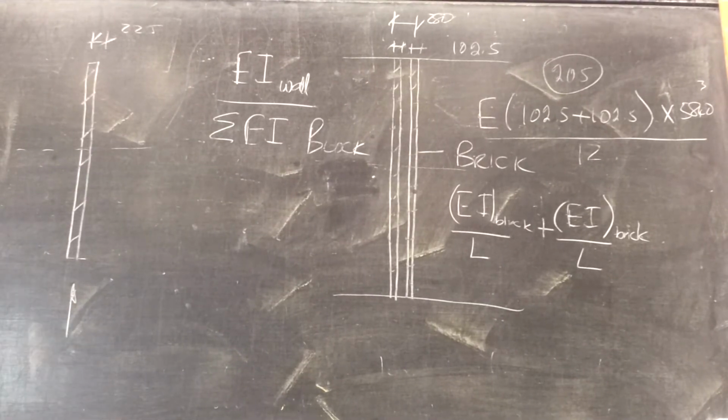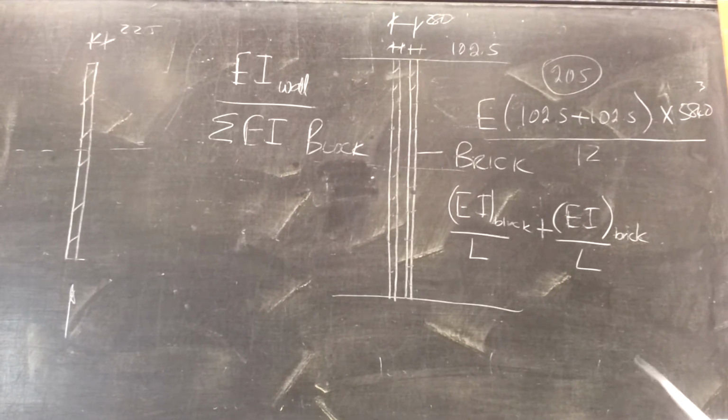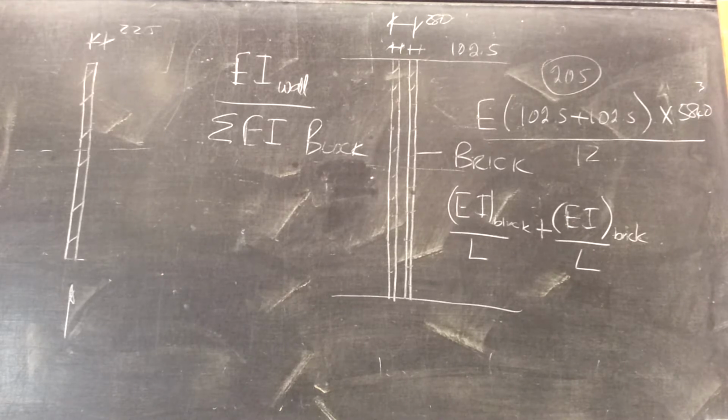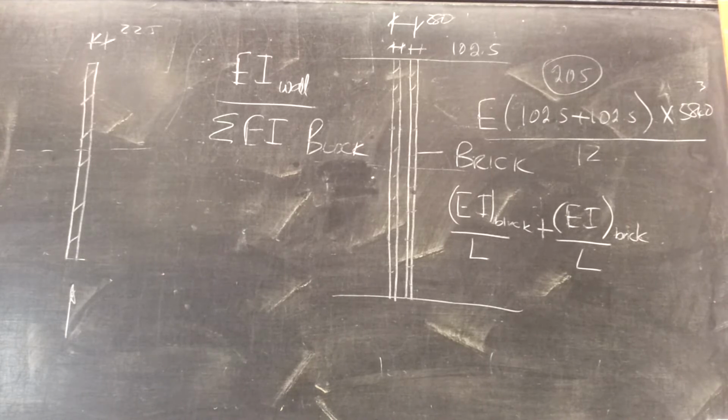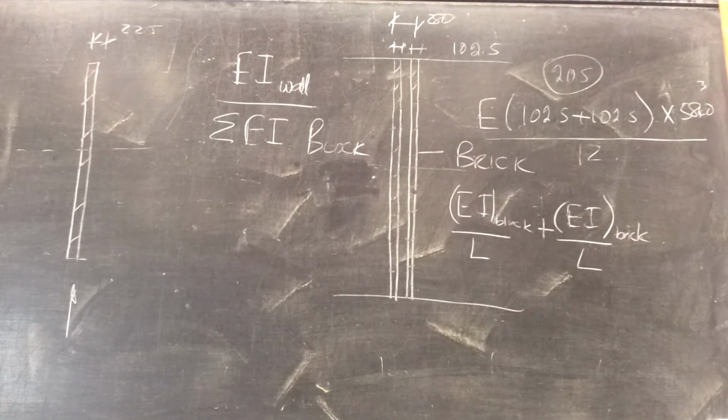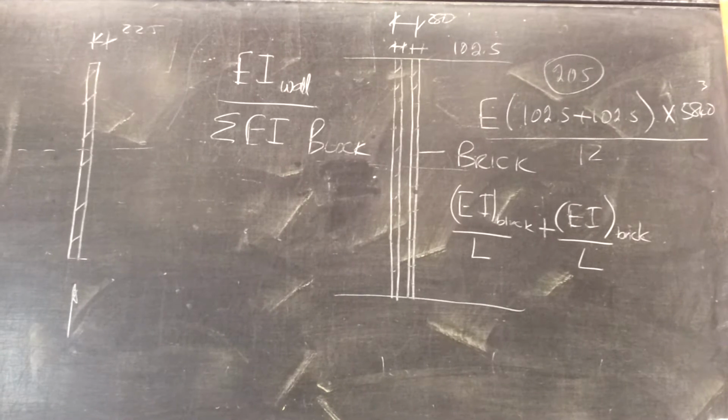Again, this is just straight from the notes. If you've got a shear force coming on there, and let's assume we've got some vertical load. Well, there's always got to be some vertical load because you've just got the self-weight. But sometimes you might have a floor sitting on this wall, and that would put an axial load into it.